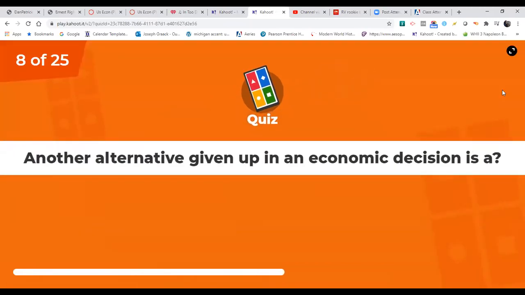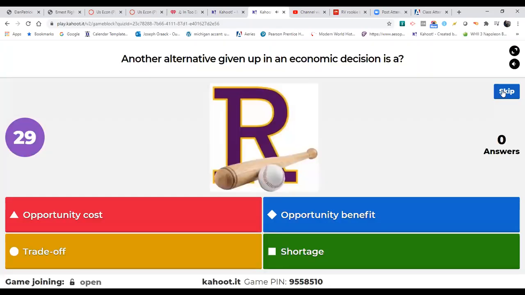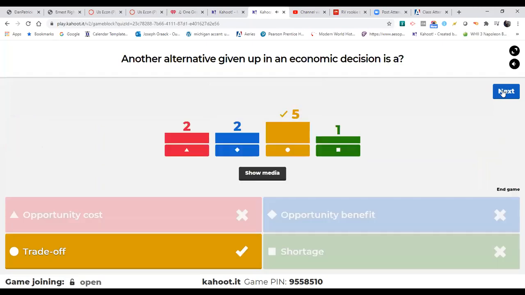All right. Another alternative given up in an economic decision is a trade-off, right?